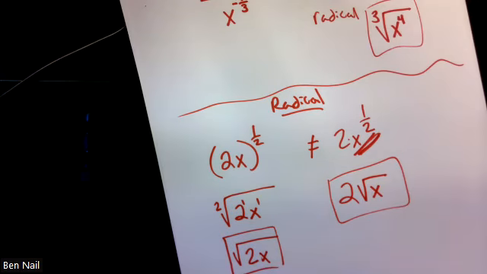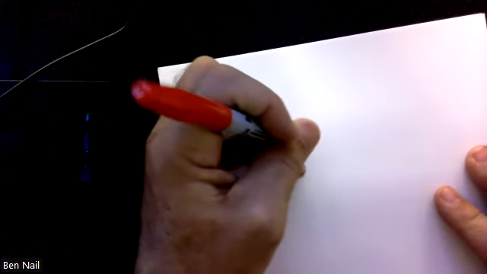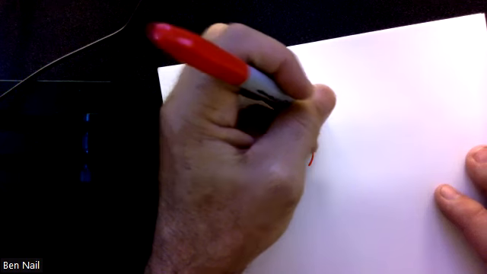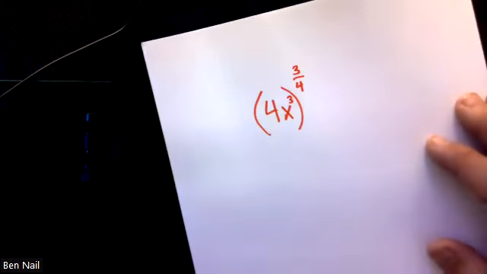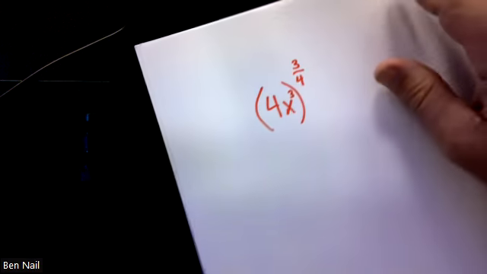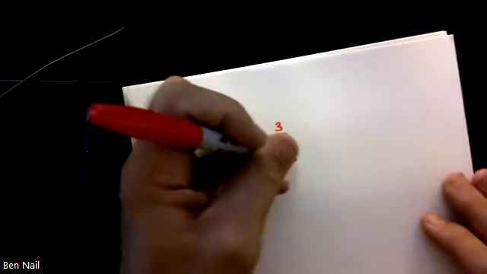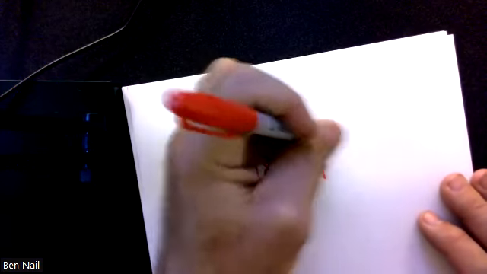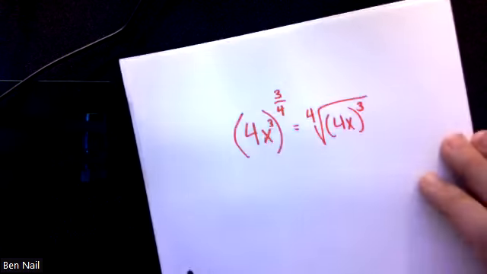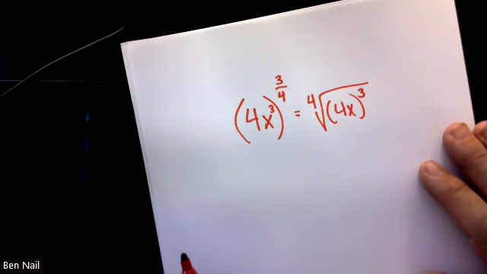Now, if you're doing a power besides 1, you need to pay attention to grouping symbols as well. For example, if they told you to take 4x cubed to the 3/4 power, again, in parentheses, what we're saying is the 4th root of 4x to the 3rd power.